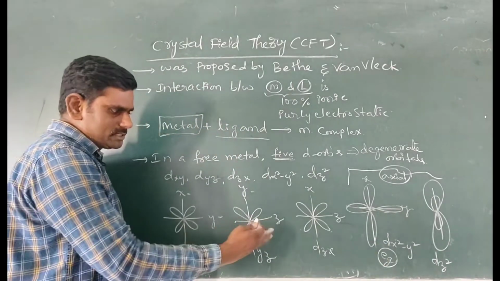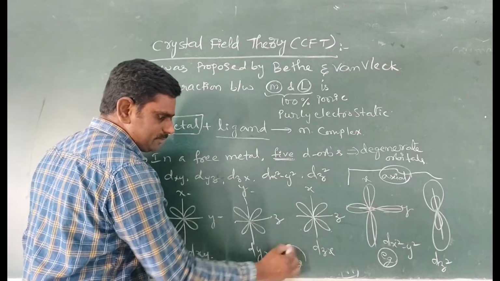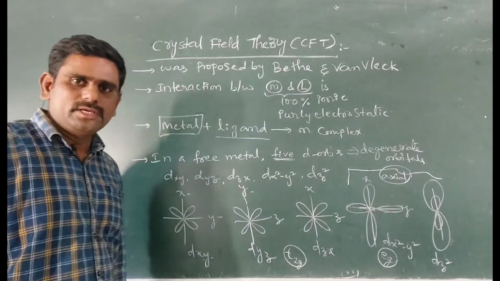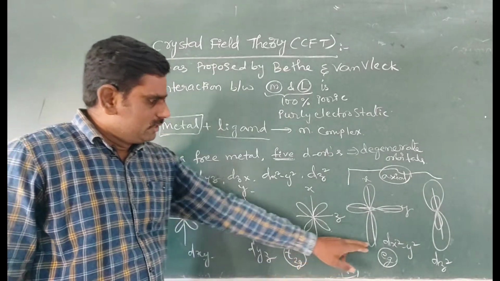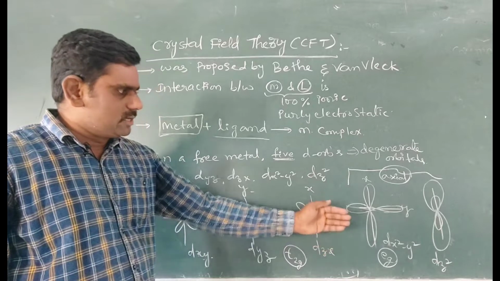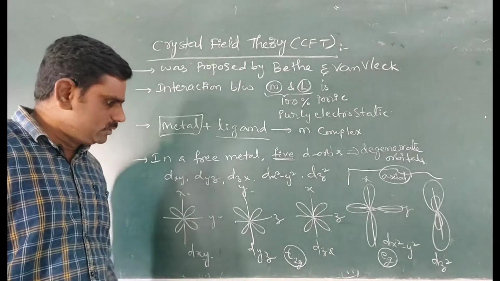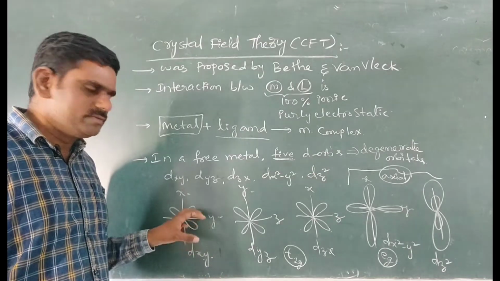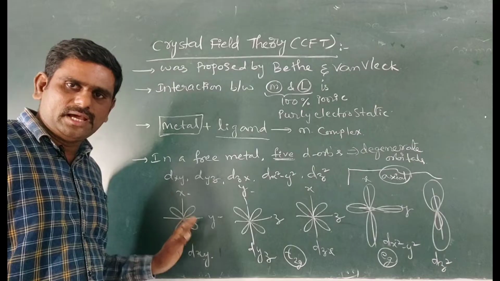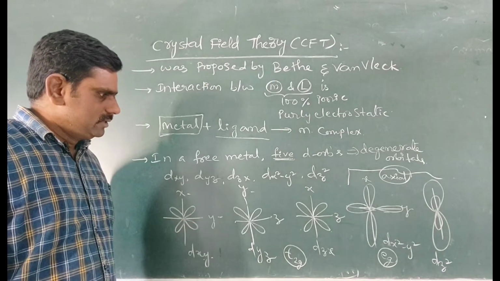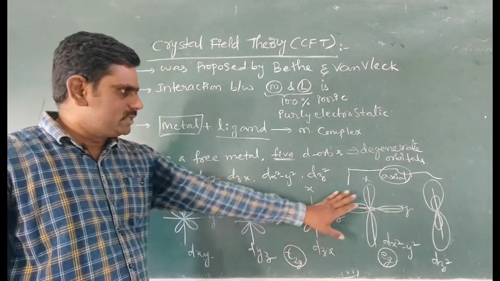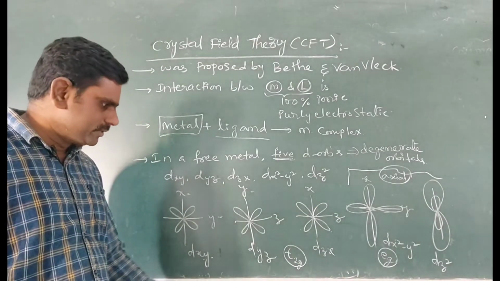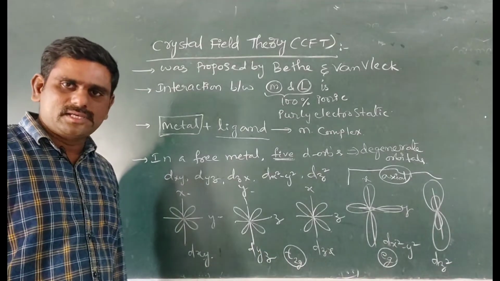These three orbitals are known as T2g orbitals. Eg orbitals are the orbitals present along the axis. T2g orbitals are the orbitals which are present in between the axes. Eg orbitals are axial while T2g orbitals are non-axial.